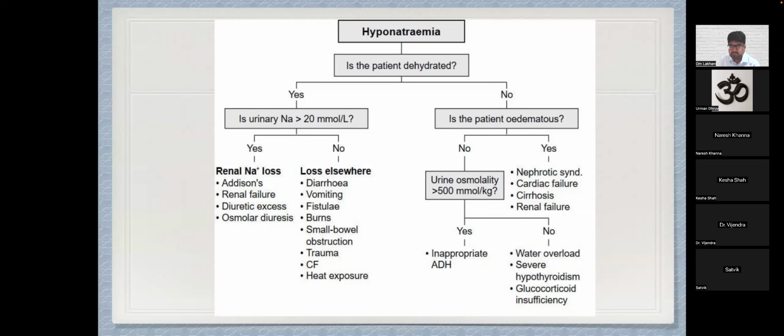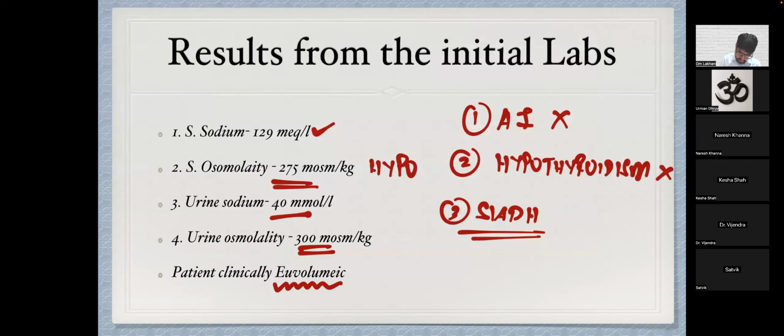to look at. So you see a patient with hyponatremia, the first question you ask is: is the patient dehydrated? If the patient is dehydrated, is the urinary sodium more than 20? Is the patient losing sodium? If the patient is losing sodium, you can see here the urinary sodium is 40.